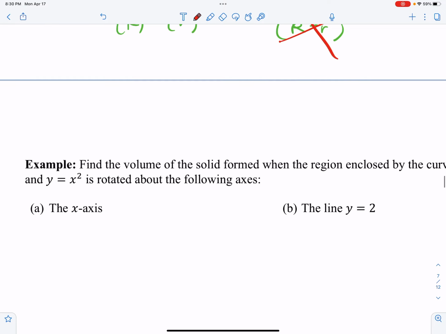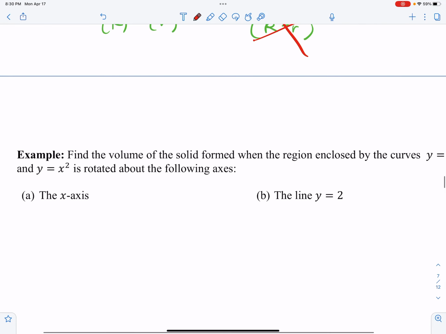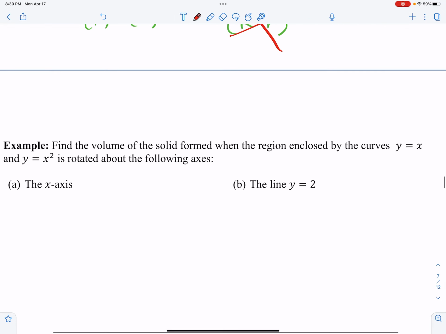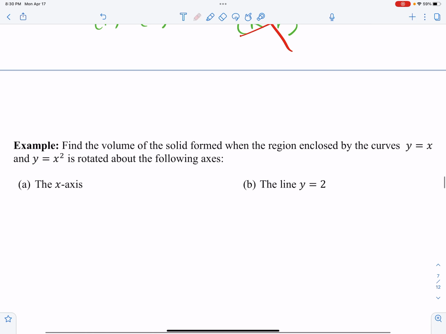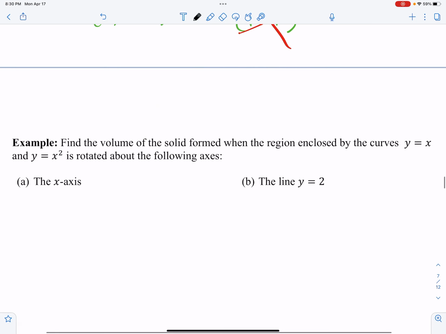Okay, so the region is enclosed by y equals x and y equals x squared.